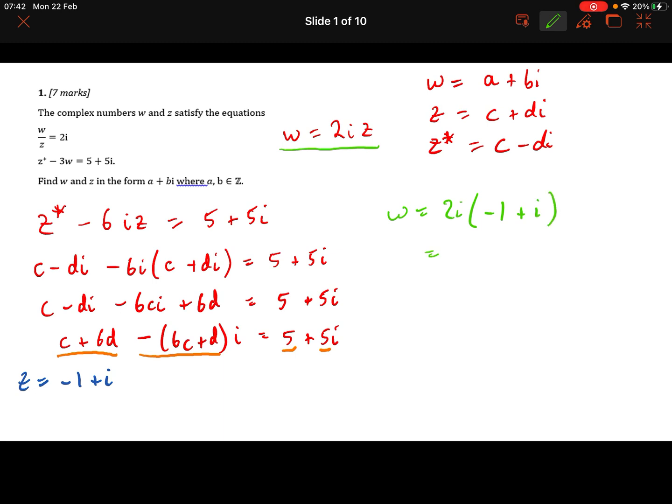Remember i times i is negative 1, so we get negative 2 minus 2i. That's what W is equal to. Hope that makes sense. Remember, do your revision. Remember that we can write complex numbers in this form.